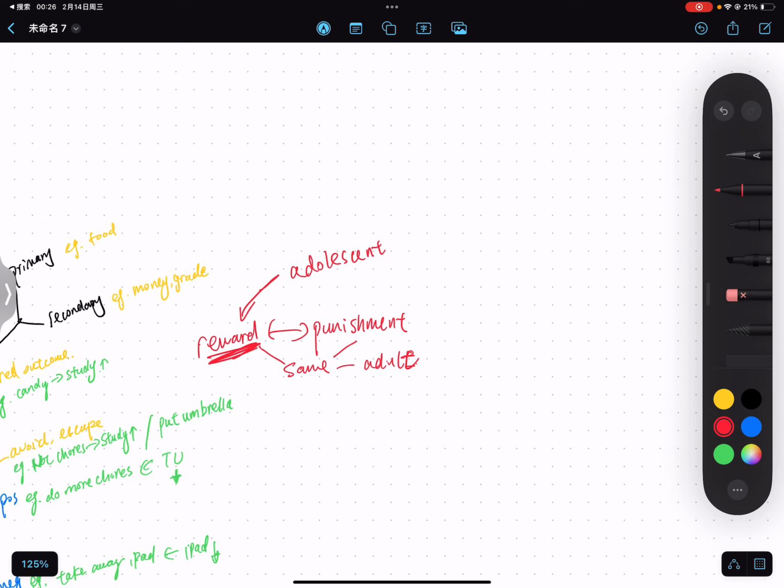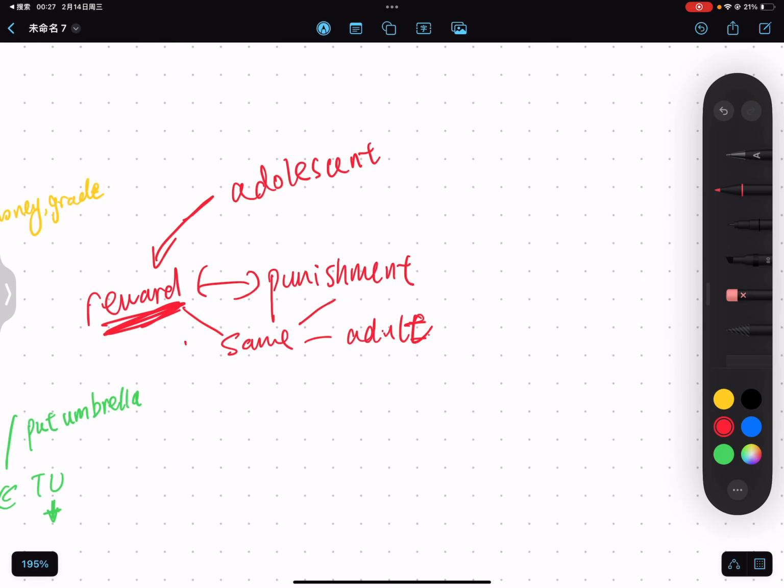And it also has ethical problems and sometimes unwanted behavior, so we can also use the extinction we mentioned before.